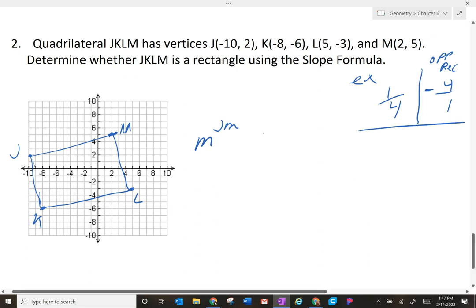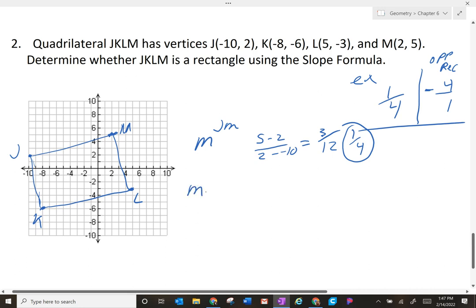With J and M, I've got 5 minus 2 over 2 minus -10. My first slope is going to be 3 over 12, or I can simplify that down to 1 over 4. So there's my first slope.